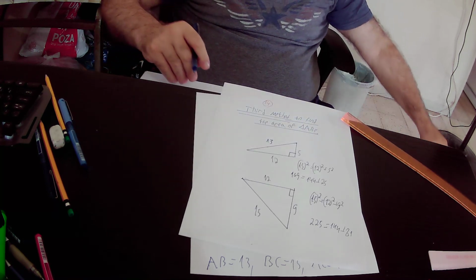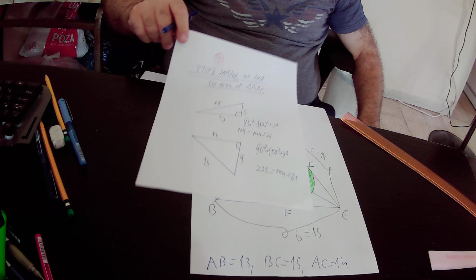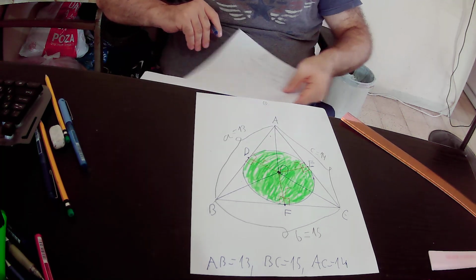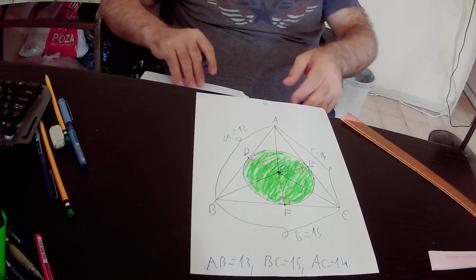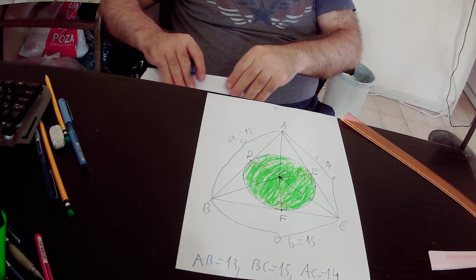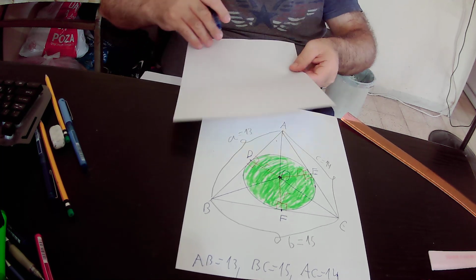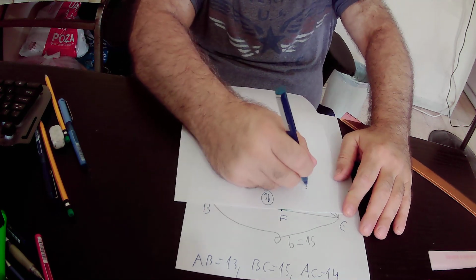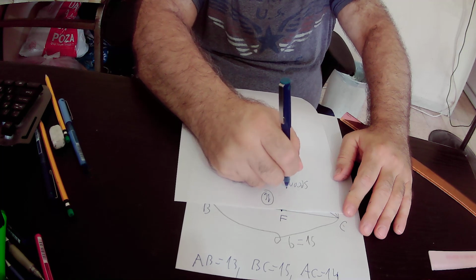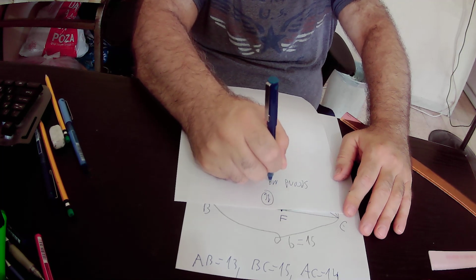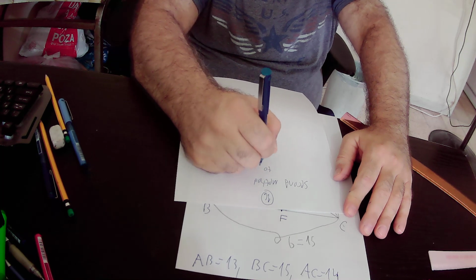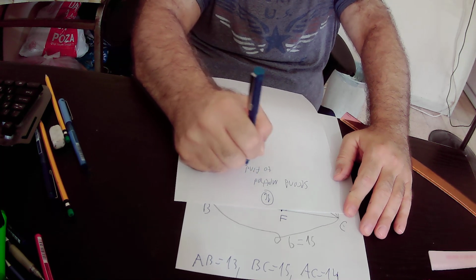Okay, so in the next step I will show you a second method to find the radius of the green circle. Okay, the second method, second way to find out the radius of the green circle.